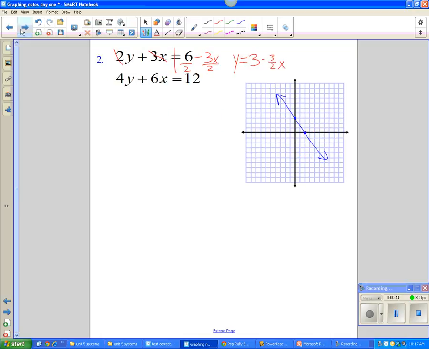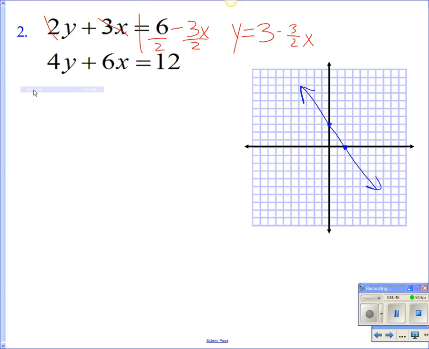Okay, number 2. We've already worked out the first one, so we've drawn our line and solved for y. We got y equals 3 minus 3 over 2x. Okay, let's pick up on this next one. Draw your line and then divide by 4.